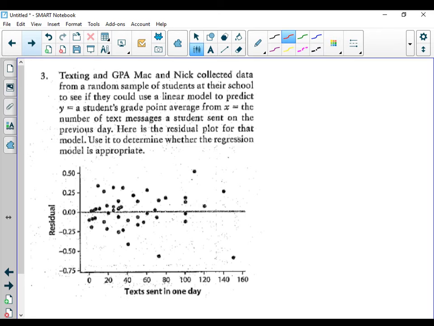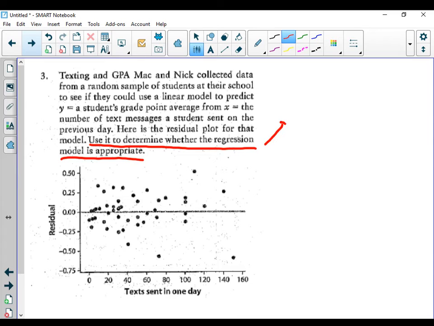Essentially, all I'm really looking at to make this determination, and they want us to determine whether the regression model was appropriate, is: is there a pattern to this residual plot or not? If I look at all those points on the residual plot, they're pretty much spread out all over the place. So there's no real pattern to it. And in this case, that's a good thing.